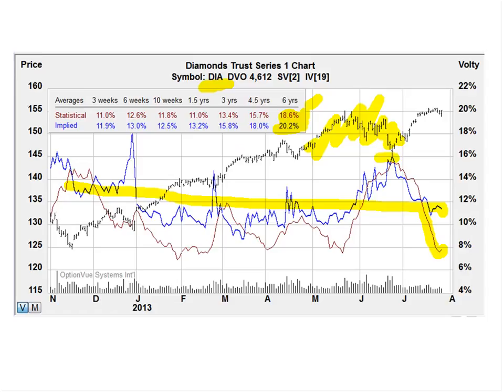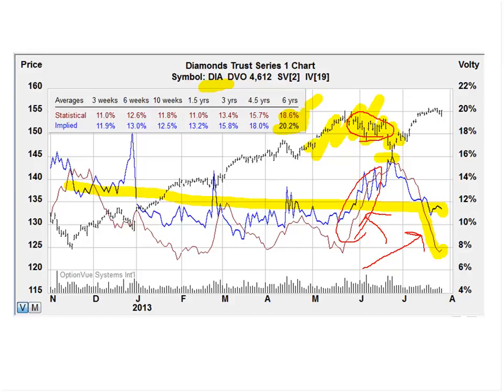But what we like to look at more is, if you're going to time this in terms of strategies, any neutral strategy, getting a little bit more aggressive with it when statistical is trending down. If statistical is trending up, like this, the red line trending up, and the market is getting choppy, and the daily bars are getting wider and wider, that makes for a more difficult time.